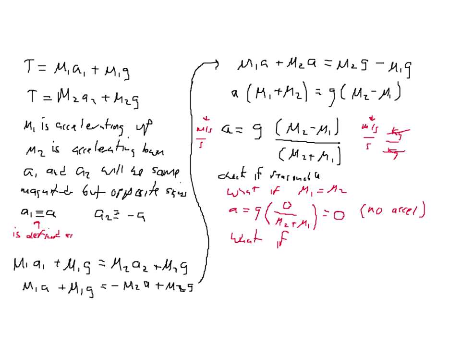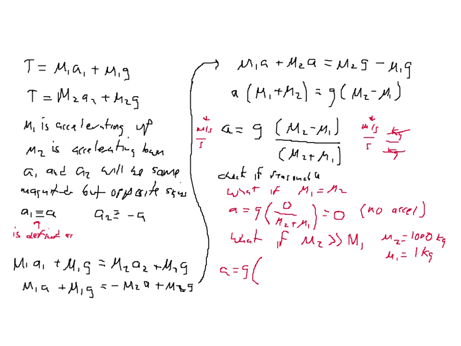What if M2 is much, much larger than M1? So let's say M2 is 1,000 kilograms, M1 equals 1 kilogram.